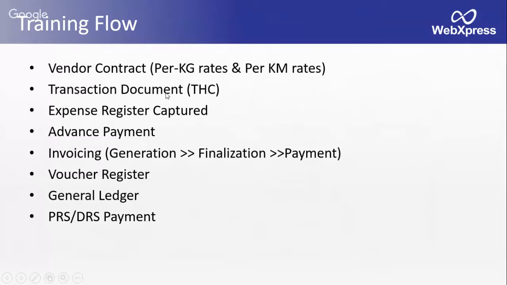Second step are already created transactions, which is THC in the system, which are ready for vendor payment. Also see expense register, advance payment, generation of invoice, and payment, voucher register, and effects on general ledger after the payments.